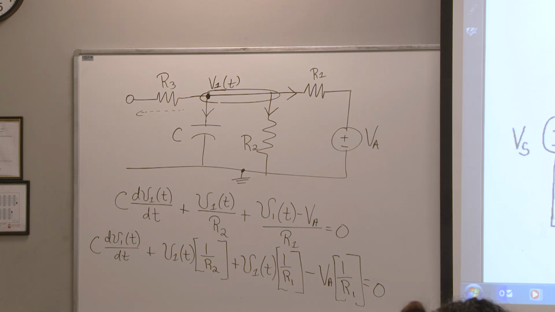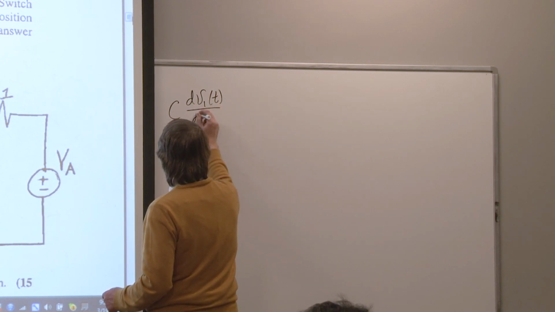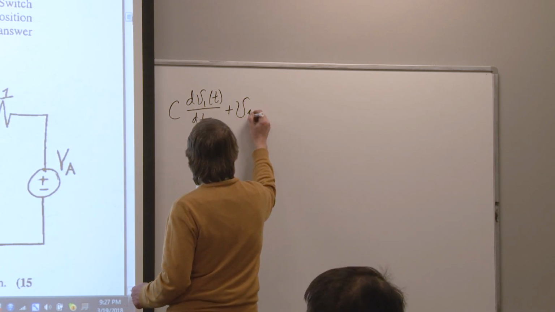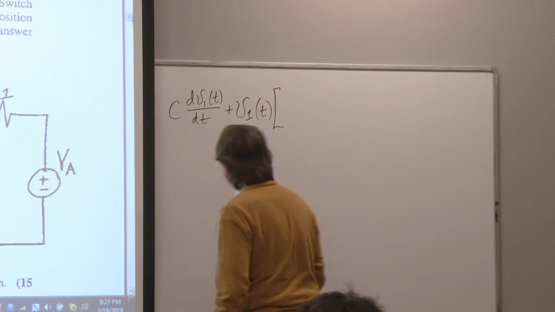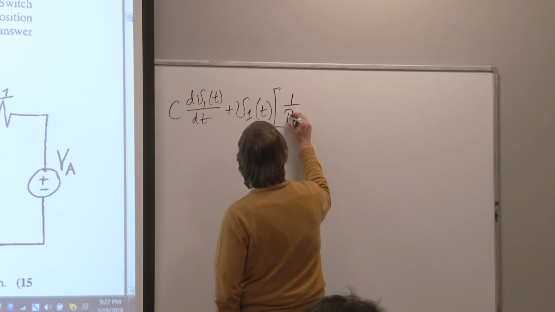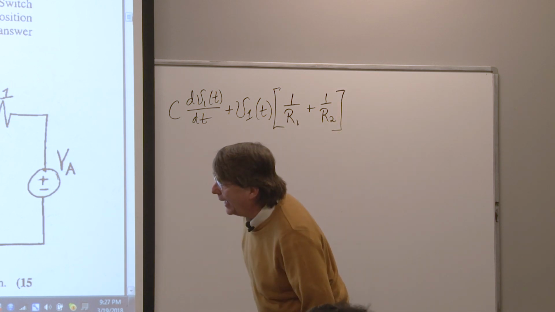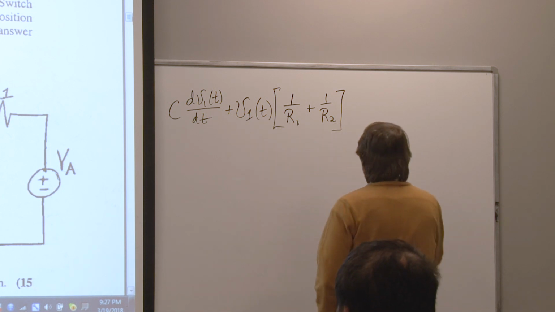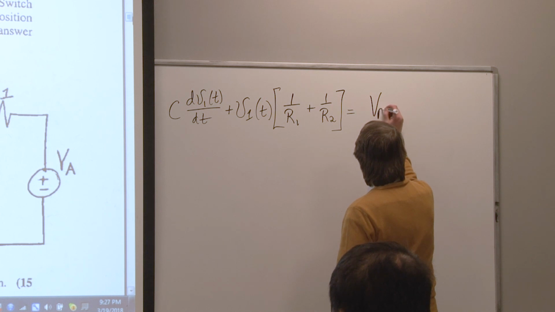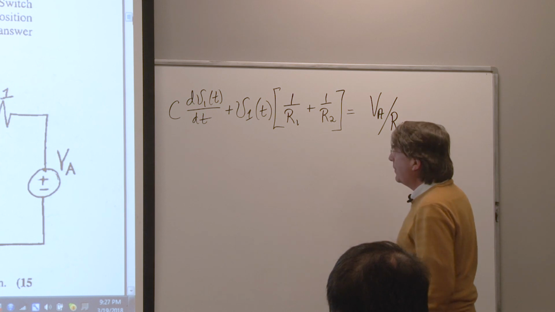And what we have here on this other side of the board is C dV1 of t dt plus V1 of t outside of 1 over R1 plus 1 over R2. And this then equals VA over R1. My colleagues, am I good so far?